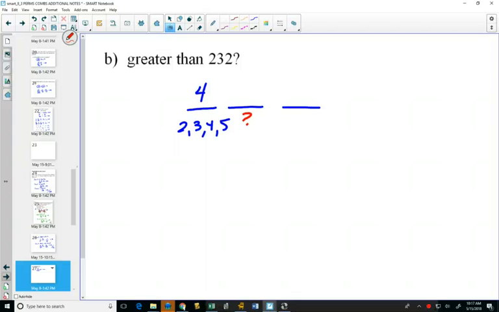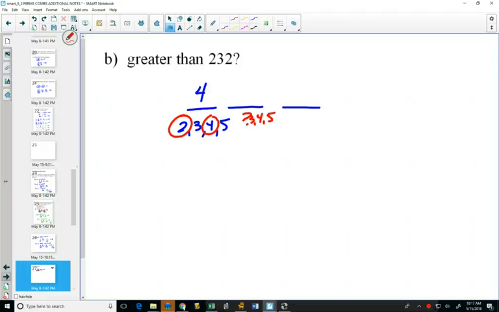Well, if I chose the 2, then it can only be 4 or 5. Does that make sense? Well, it could be 3, 4, or 5. But if I chose the 4, it doesn't matter what's next. Because if I chose the 4, I could have 4 then 1. 415 is bigger than 232.